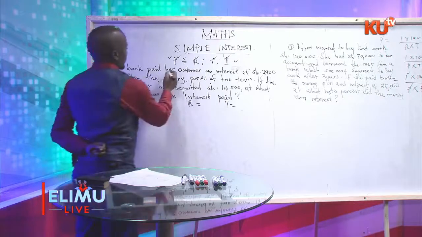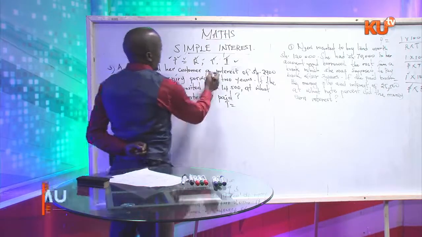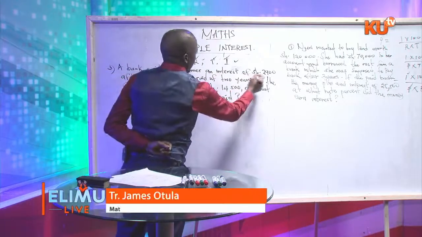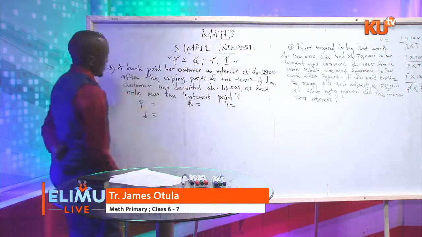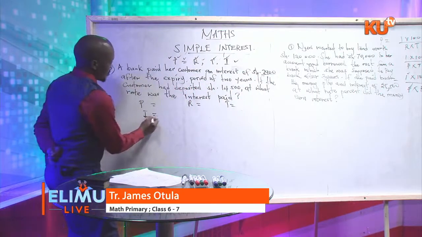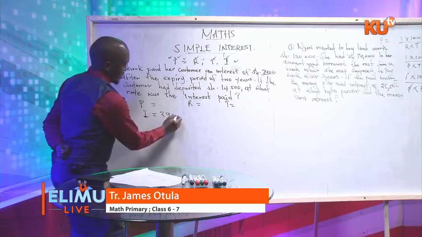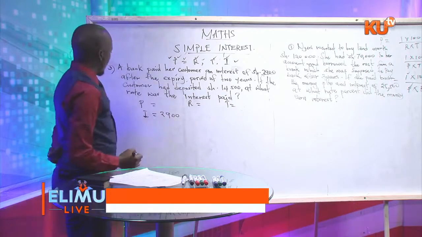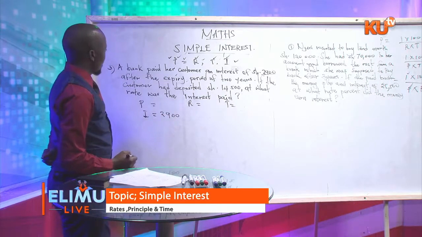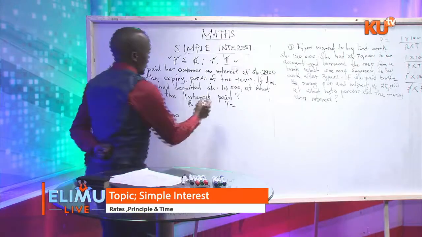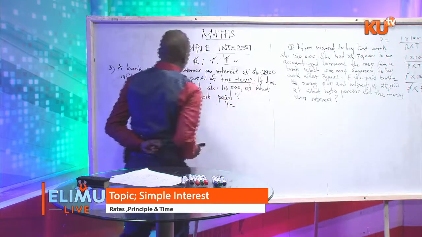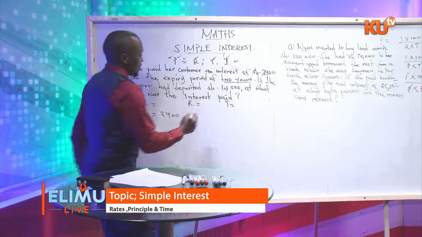A bank paid a customer an interest of 2,900. So the interest here is 2,900 shillings. After the expiry period of 2 years, another key item here is 2 years. So 2 years represents time.